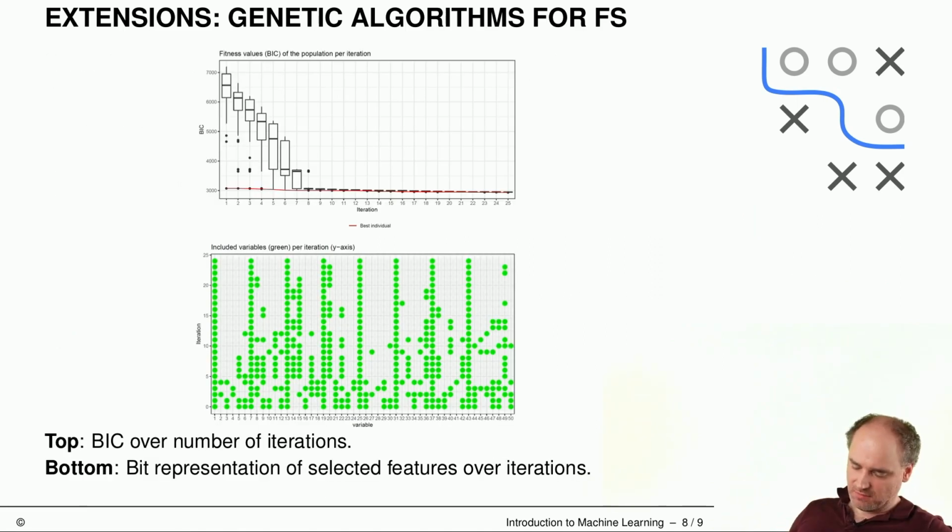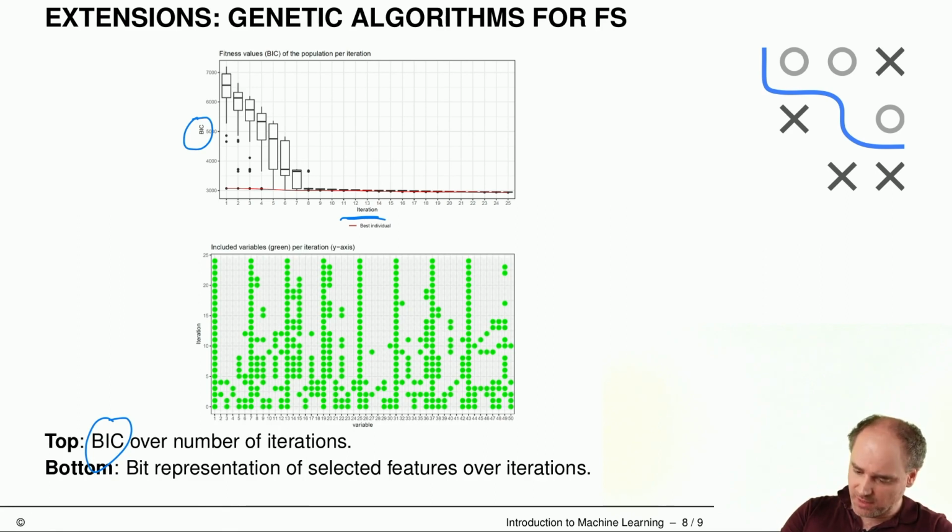Here's an example where I now really use BIC for a linear model. We can see what happens here. On the x-axis we have the number of iterations, and on the y-axis you can see the distribution of the BIC value for the current population.